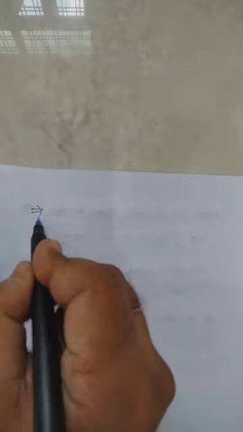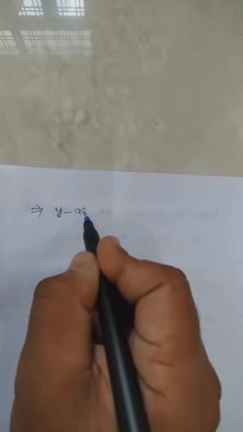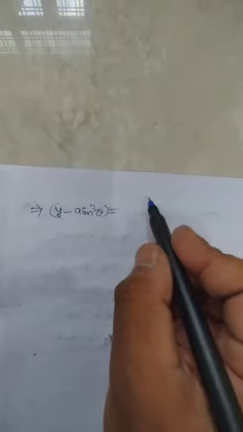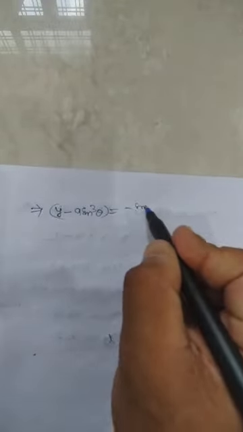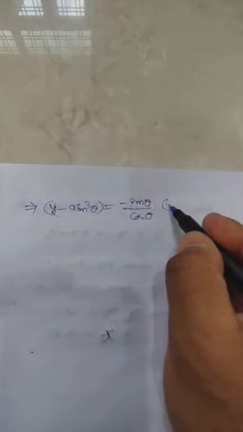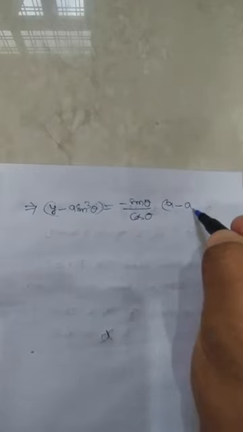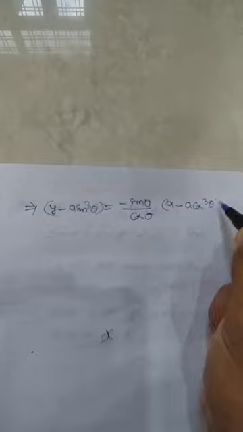So it implies y minus y1, where y1 is a sin cube theta, is equal to m at P, which is minus sin theta by cos theta, into x minus x1, where x1 is a cos cube theta.